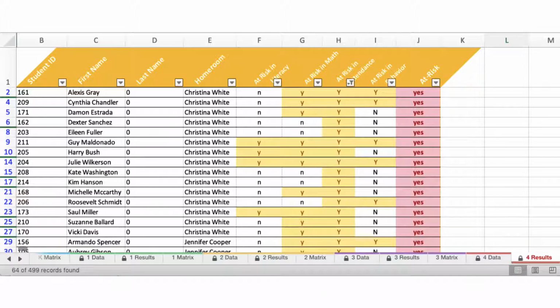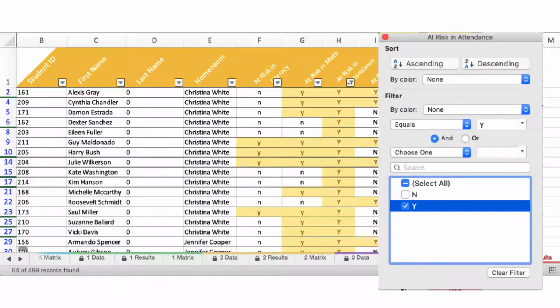Once we've filtered for our students who are at risk, our next step is to find the students who are at risk in attendance. On the results tab, we'll filter for students who are at risk in attendance. The way we do that is we just hover over where it says attendance, use this little filter button, and sort for the students who are Y or yes in attendance.